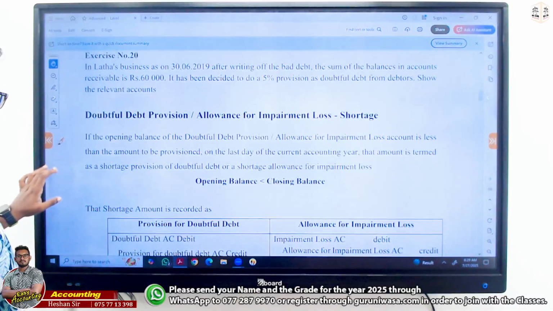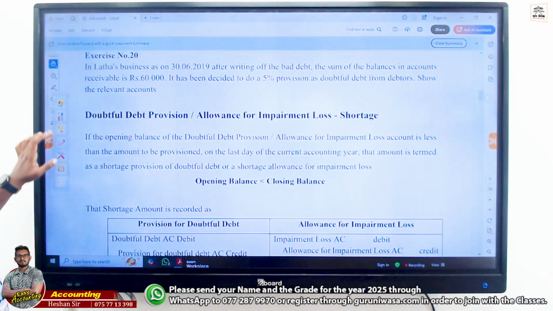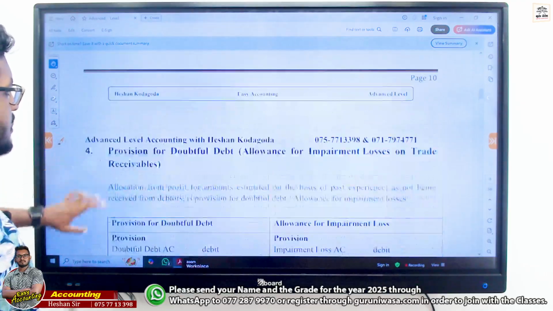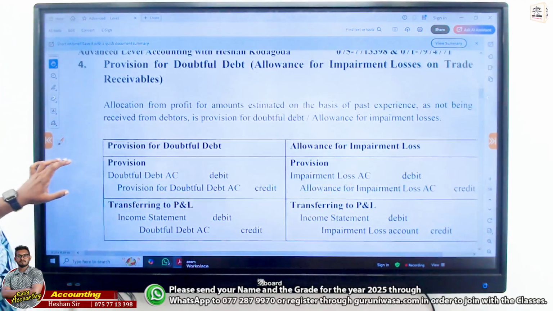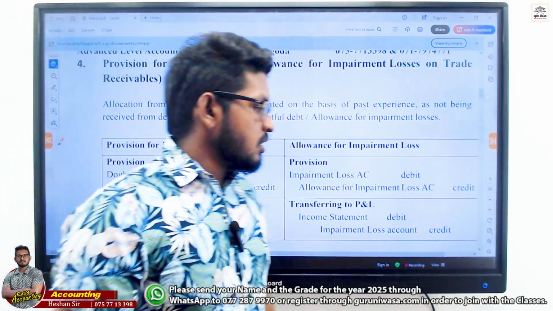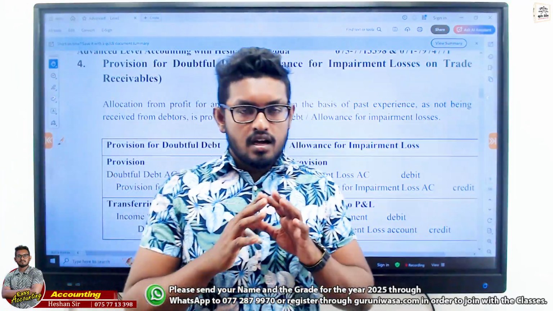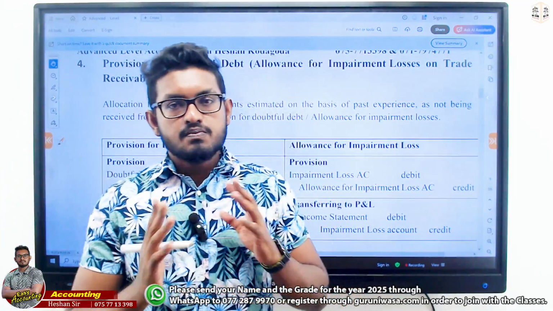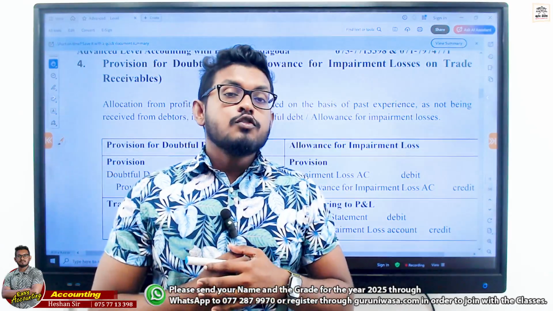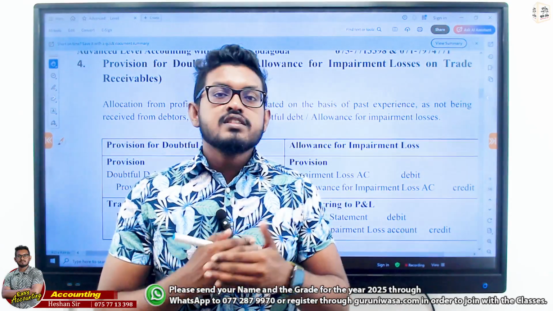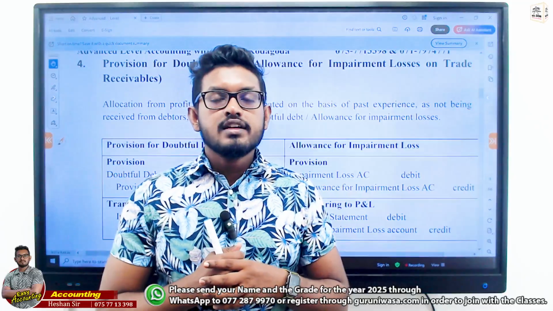I told you, when it comes to bad debts and doubtful debts, those are two things, right? And just remember, bad debt means we are writing off the debtors as an expense. Doubtful debt means it's just a provision from the amount of debtors.